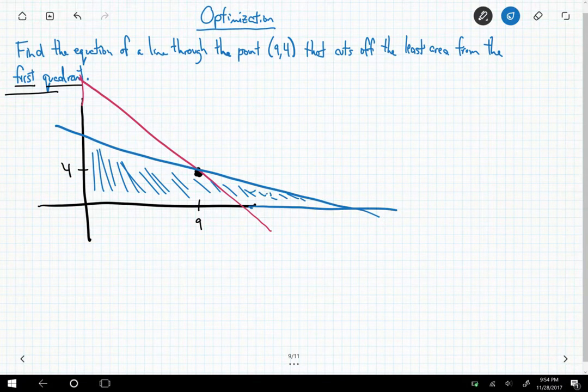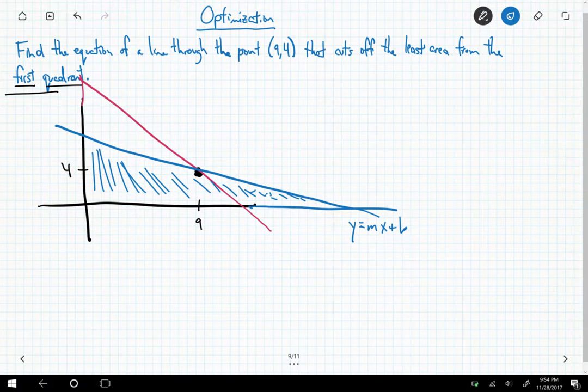Okay, and this is telling you, just by the drawing itself, you can get a visual of it. If you have y equals mx plus b, you know for a fact that m is going to have some negative slope.